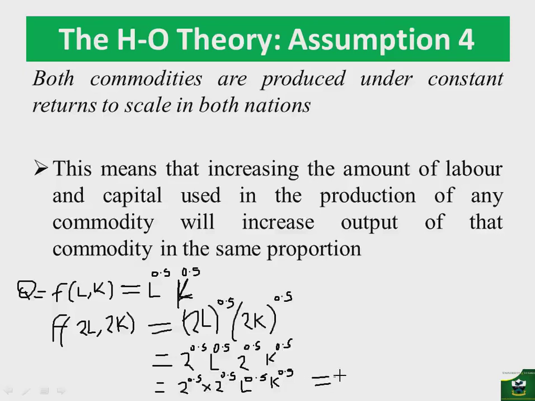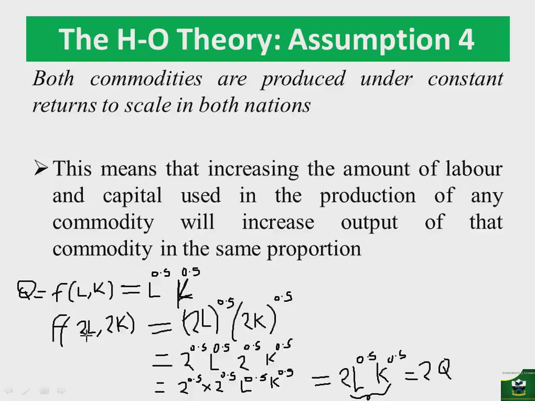Meaning that this part will reduce to 2 times L to the power 0.5 and K to the power 0.5, which is simply, because L to the power 0.5 and K to the power 0.5 is equal to Q, 2Q.